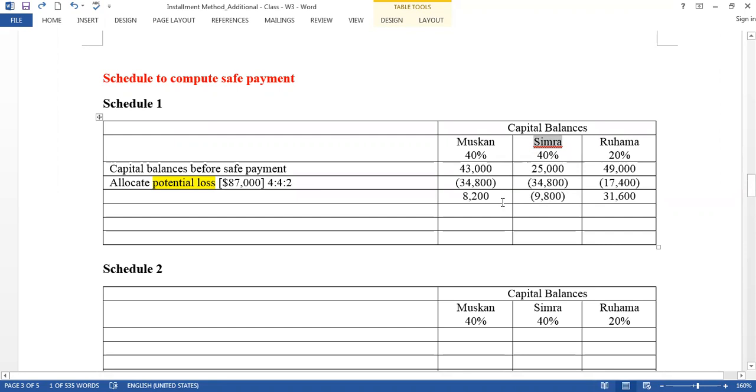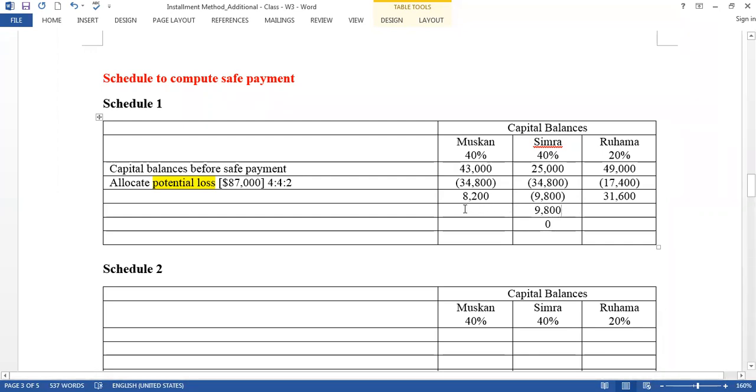Do you understand? So, for example, I have a capital deficiency. So you give me some capital, other people give me some capital to make me zero, because I'm not going to pay any money. So you give me some of your capital to make me zero. So you give me 9,800.